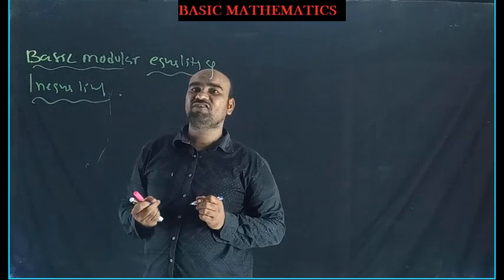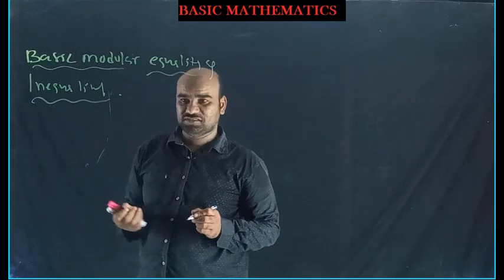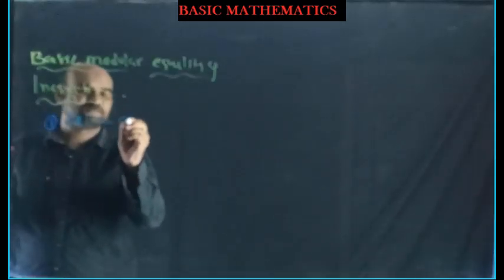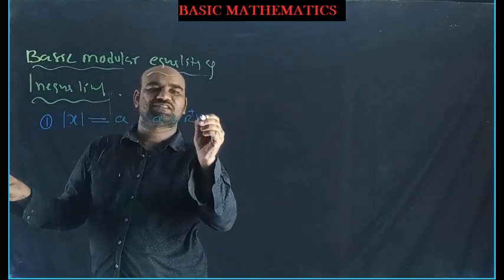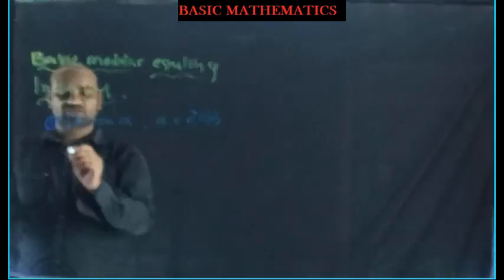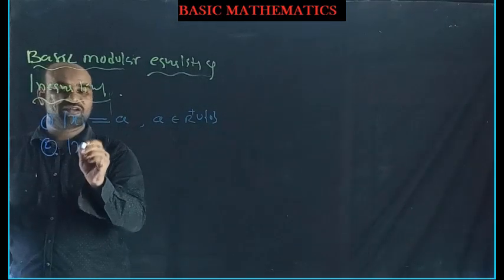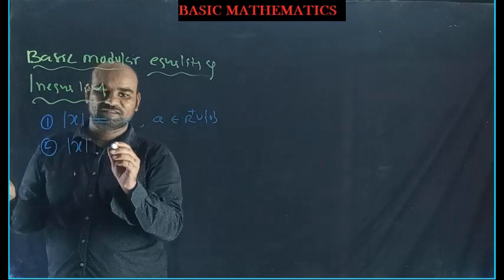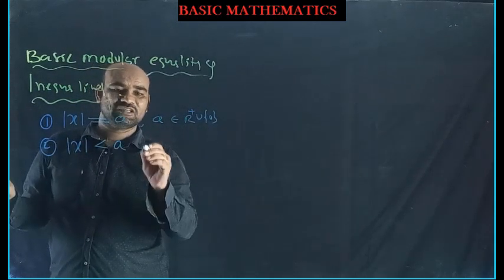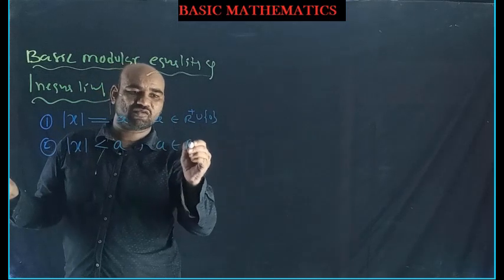Basic modular equalities and inequalities. Type 1: modulus of x equal to a, where a belongs to R plus including 0. Second type: modulus of x less than a, where a belongs to R plus.